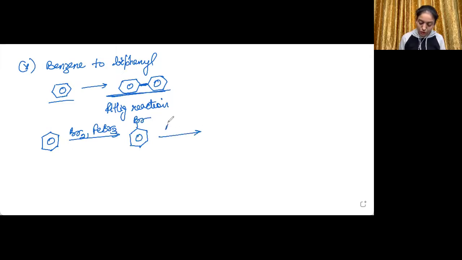Now, treat it with sodium. 2 molecules of bromobenzene will lead to the formation of biphenyl after reacting with sodium metal. Okay, so this is the Fittig reaction. Hope this is clear to you. So this was the last part of this very question.